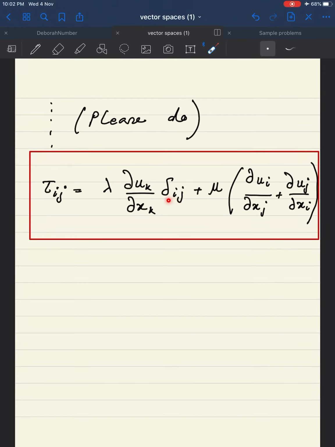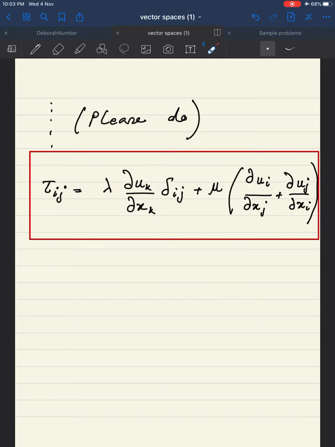This again, there is a Kronecker delta here, so it resembles the pressure term in some sense. And actually, when you expand this, it will just go ahead and club with that. And this is obviously another term, but now you have i and j, and here ji in the subscripts, right?